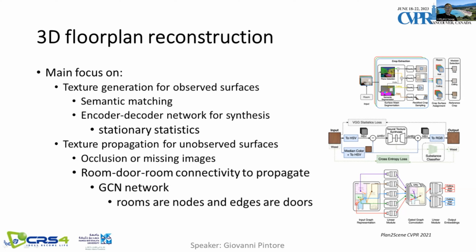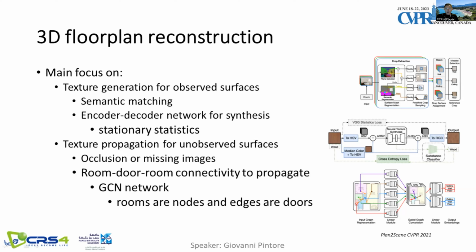The texture of observed surfaces is done in this way, but the main challenge here consists in texturing the unobserved surfaces. That is, many occlusions dominate the indoor space, so images could not cover every place and every room, even with a dense coverage.